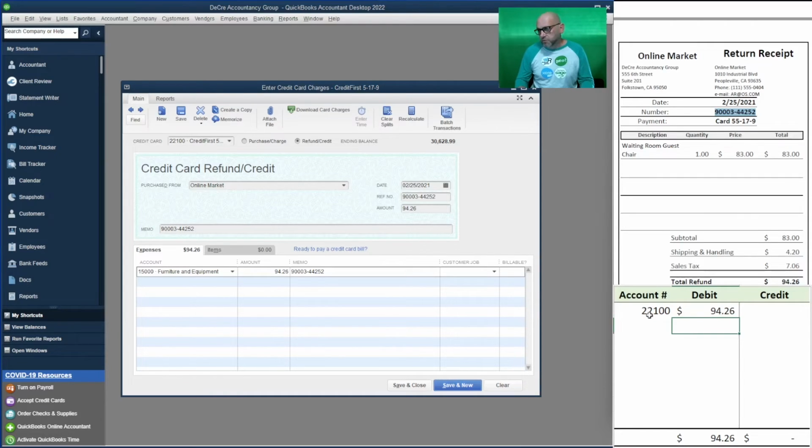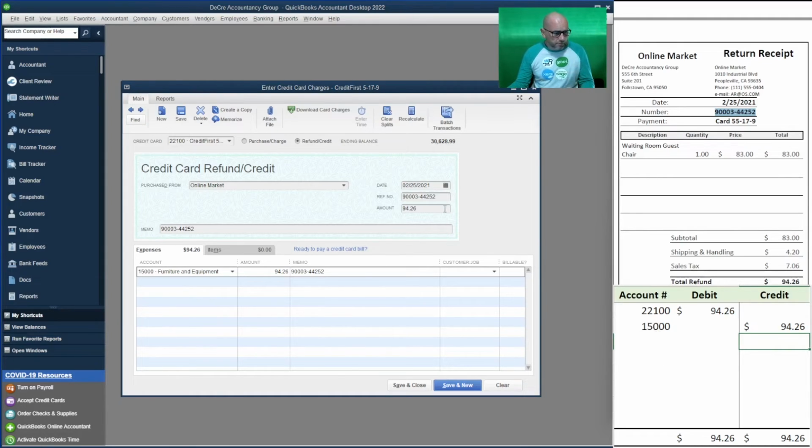This full amount is reducing our liability. However, what else happened? Well, the other thing is we no longer own that chair. We returned it. Therefore, our furniture, which is an asset, 15,000, was reduced. We have less furniture, by $94.26 less. Being an asset, it's reduced when it is credited. So there it is.